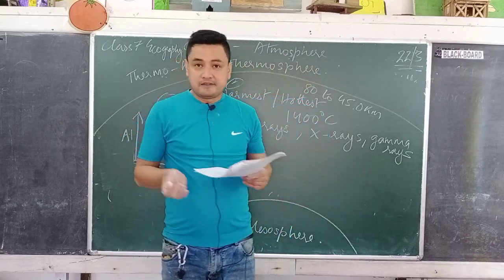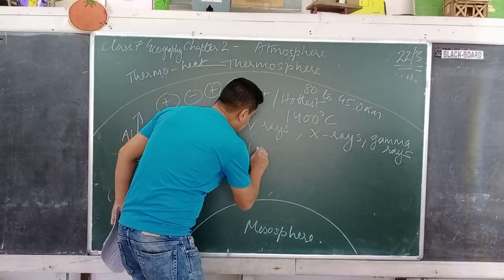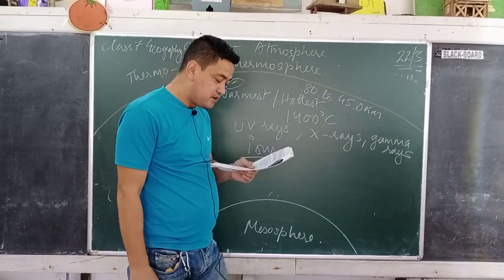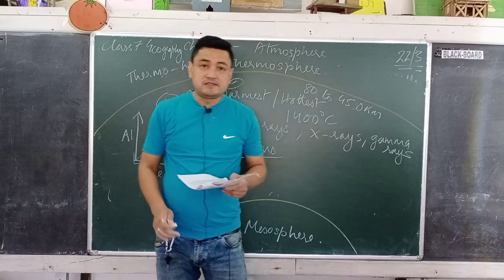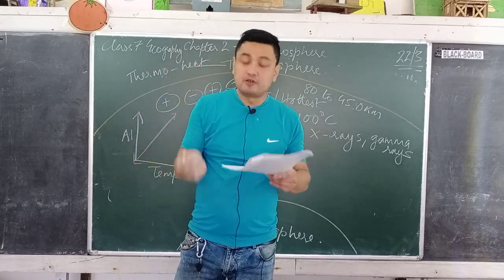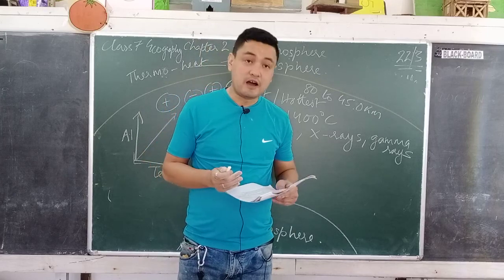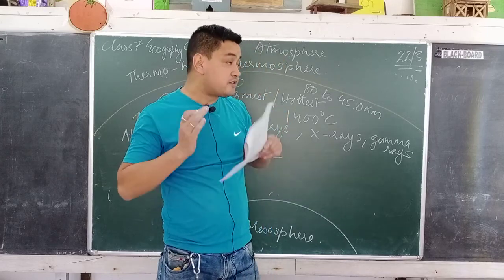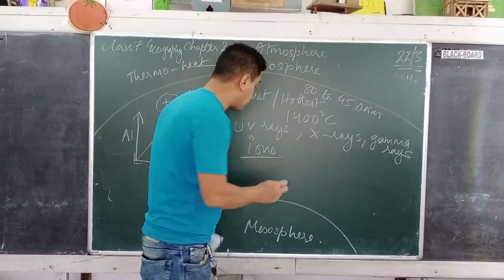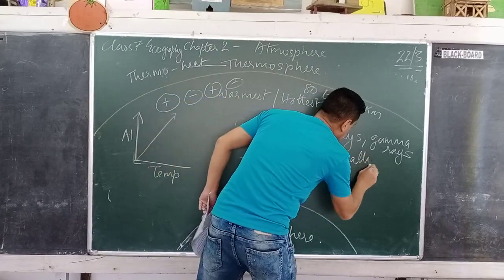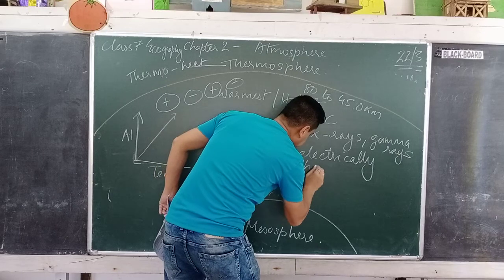So what are ions here? Ions are found in this layer. This results in the breaking up of molecules of atmospheric gases into electrically charged particles known as ions. So what are ions? They are electrically charged particles.